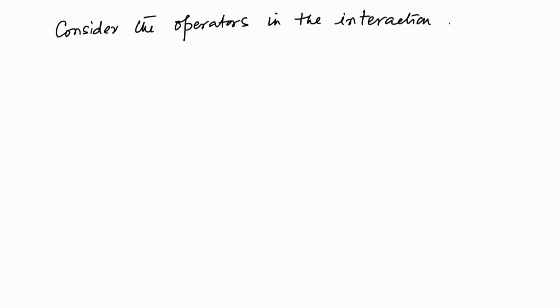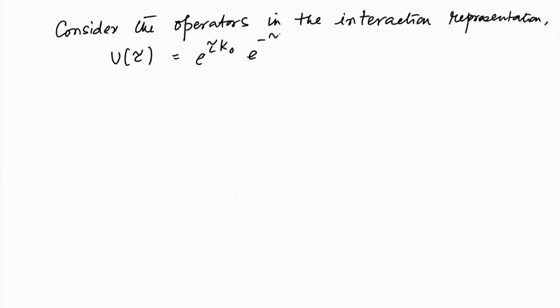So, let us write down the operators in the interaction representation, and write those unitary operators which we have introduced earlier, but with real time replaced, as exponential tau K 0 and exponential tau K. If you remember, we have written down similar operators with i t and with H 0, and so this is not H, but we will write it as K. We had written it earlier for the 0 temperature problem with tau as i t and K 0 as H 0 and K as H, and so on.